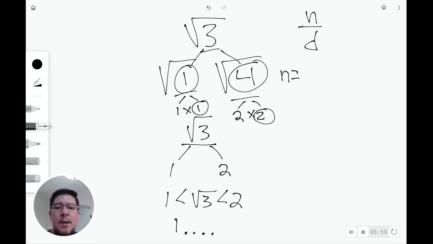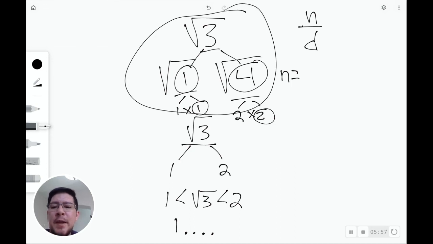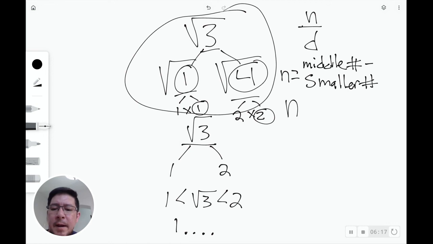In order to do that, we look at our original square roots right here. And to figure out my numerator, we are going to take the middle number and we are going to subtract the smaller number. So the numerator is equal to 3 minus 1, which gives us 2.